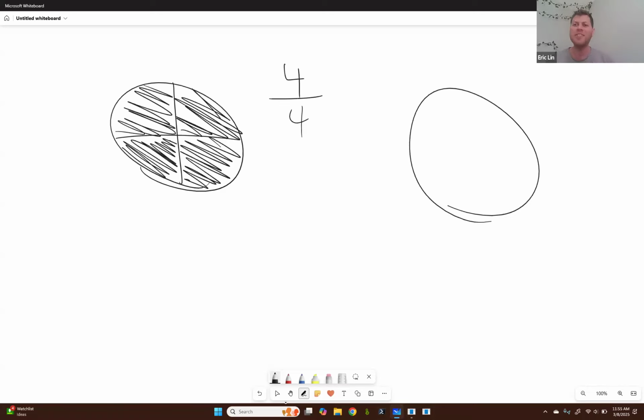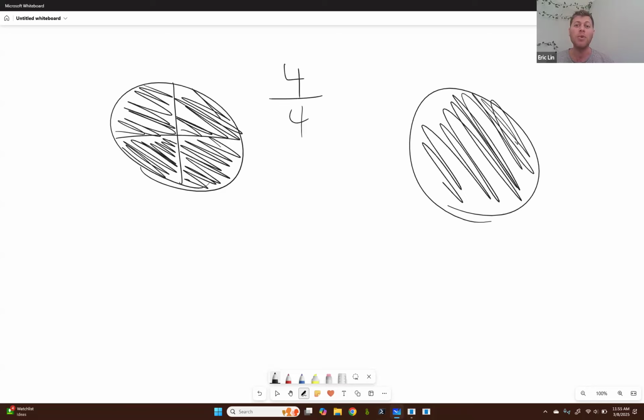Importantly, if I just took the entire circle and said, I'm not going to cut it into pieces, I'm going to keep the whole circle, and I'm going to shade the one and only piece of the circle that I have, that gives me the fraction 1 over 1. All of the things I have just described also could have the value of 1, because I have one whole circle shaded in.